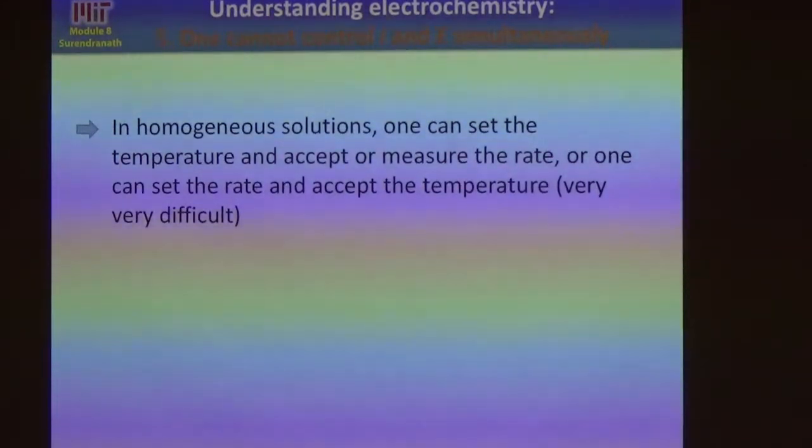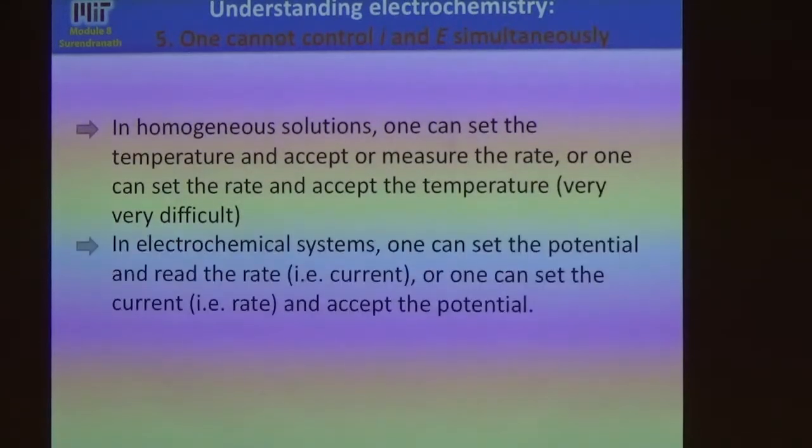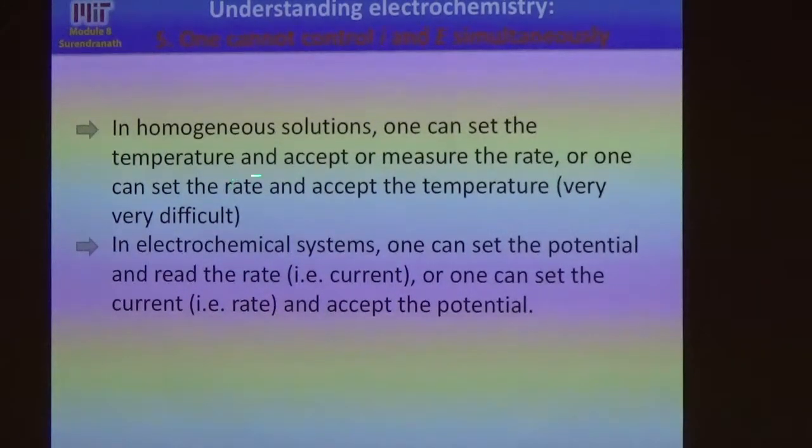All you need for a galvanostat is a few large batteries and a large resistor. You can make a galvanostat literally with a few parts for under $5. But the point to appreciate is that in solution, you can set a temperature and measure a rate, or in principle, but very difficultly, set a rate and then measure a temperature. In electrochemical systems, these are equally easy to do.